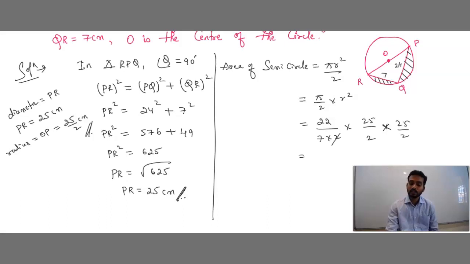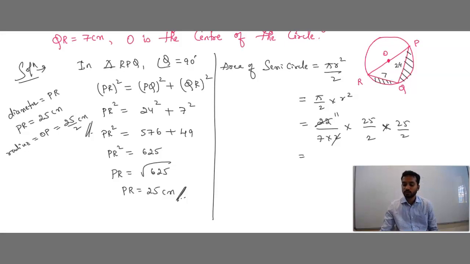Shall we cancel these terms? 2 1s are 2, 2 1s are 2. Is there any other term that can be cancelled? No. Right? So what we can do here, we can multiply all the numerators and all the denominators.